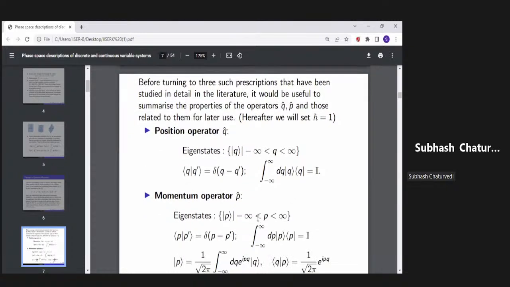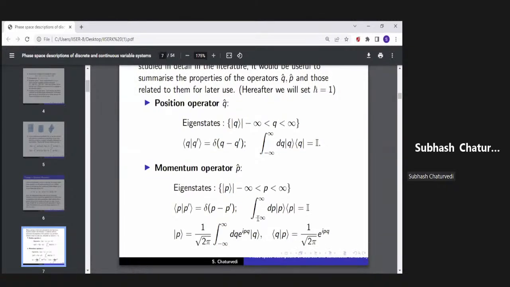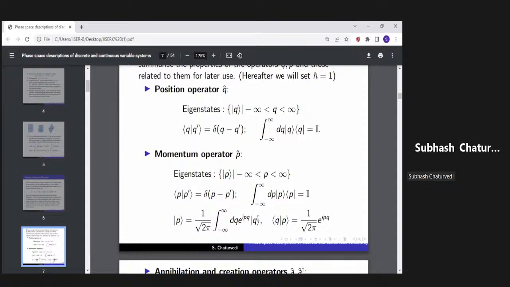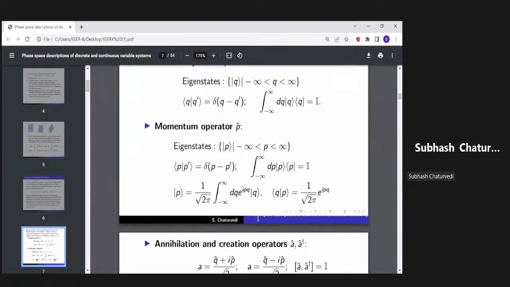Then we have the momentum operator, whose eigenstates are labeled by p taking values from -infinity to +infinity, and they form an orthogonal set in the Dirac sense, and the overlap between q and p states is familiar: 1/√(2π) e^(iqp).